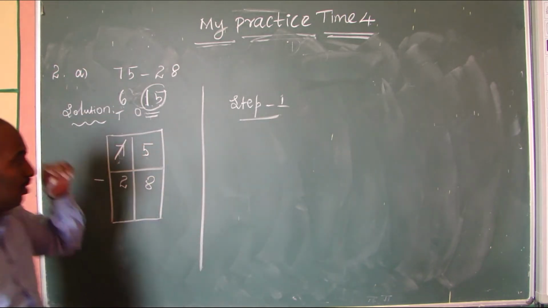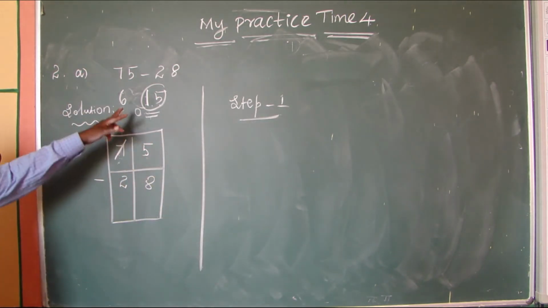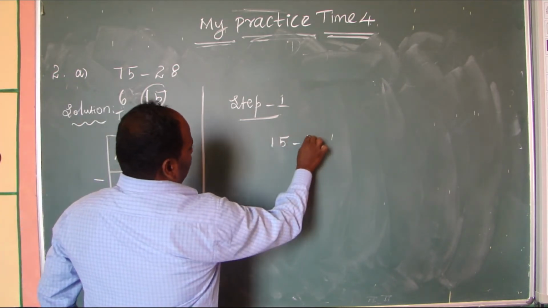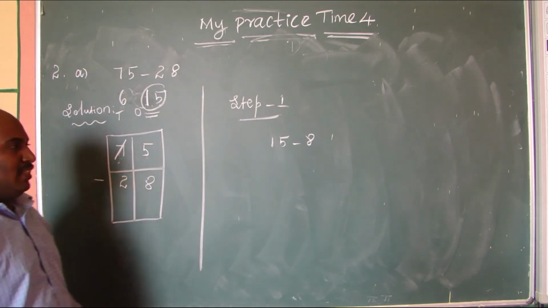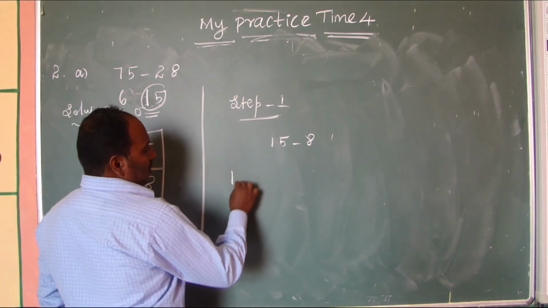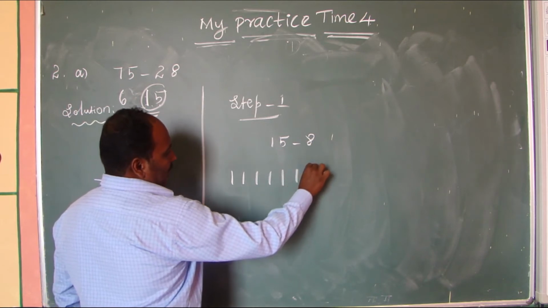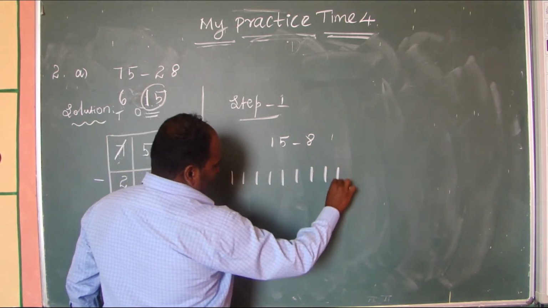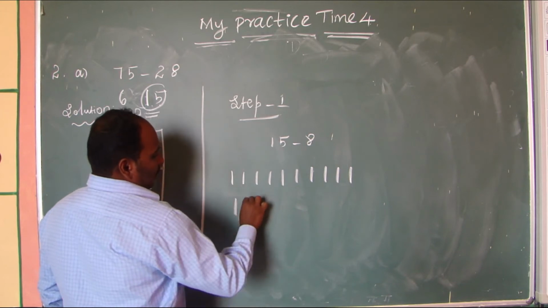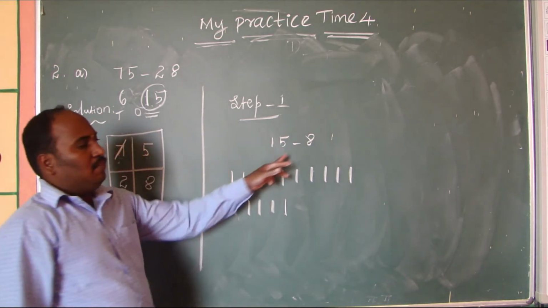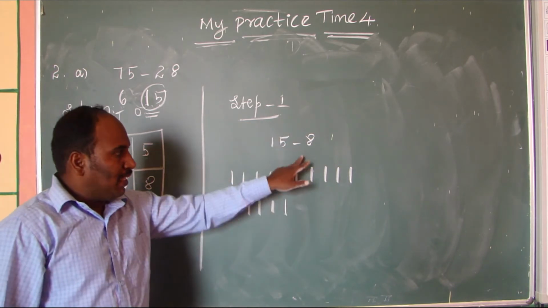Step 1. First we solve the ones place: 15 minus 8. We draw lines: 1, 2, 3, up to 15. We draw 15 lines minus 8 lines.